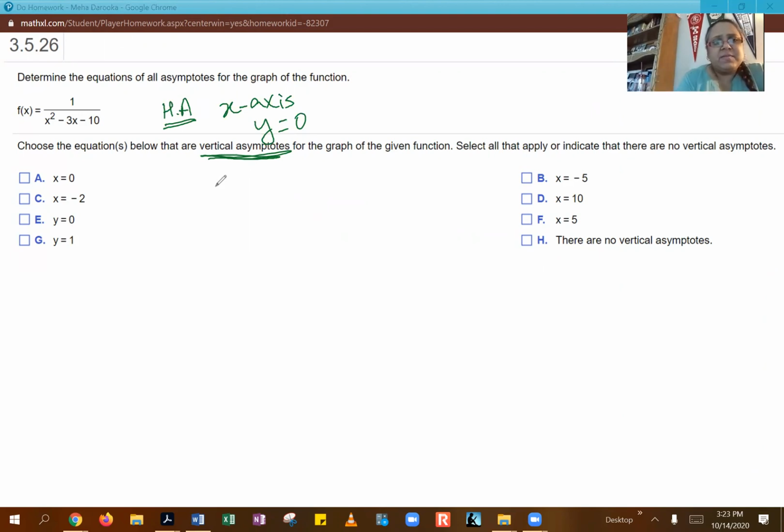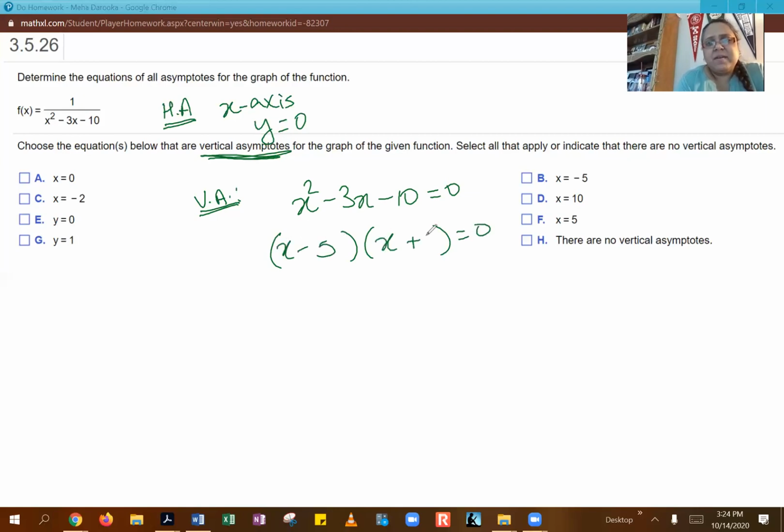For vertical asymptotes, you had -5 and +2. So you're taking that denominator polynomial and setting it equal to 0. This factors into x minus 5, x plus 2, but you were actually giving me x equals -5 and x equals +2.